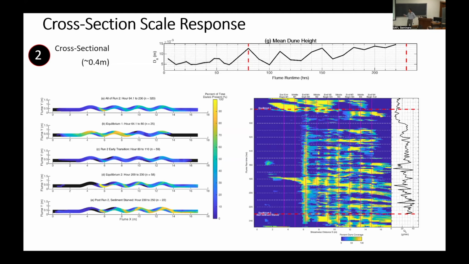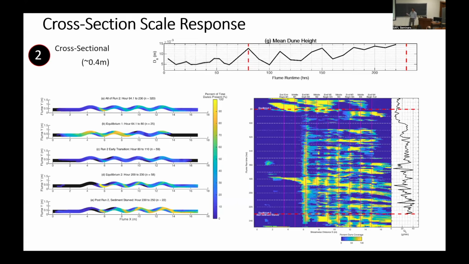And the end of the first phase is this dashed red line. The important thing that I want to show here is we got to the end of the first phase, we doubled the sediment supply, and then the yellows and greens just go away for a little while, right? The dunes disappeared briefly for, I don't know, 40 hours or something, maybe 20 hours. And then they start to come back.